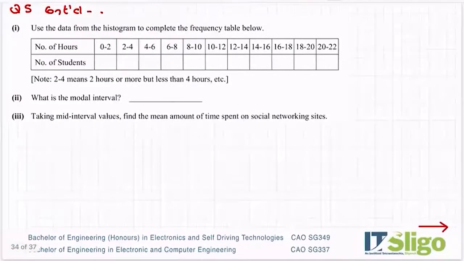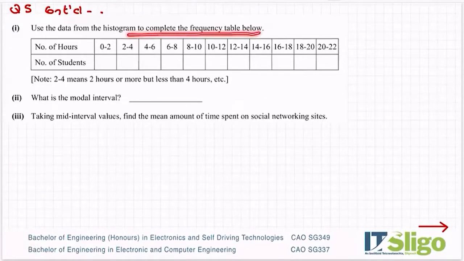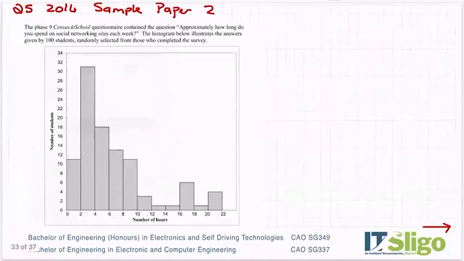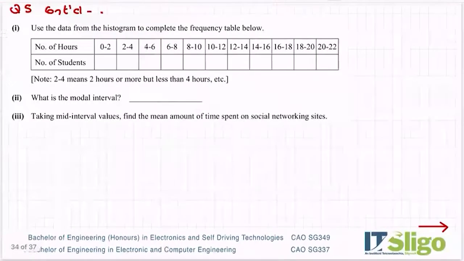Okay, so let's have a look at some of the questions. Use the data from the histogram to complete the frequency table below. So I have the number of hours and the number of students. So how many students spend 0 to 2 hours? Okay, so I've got my ruler, and I can see there that's 11 students.